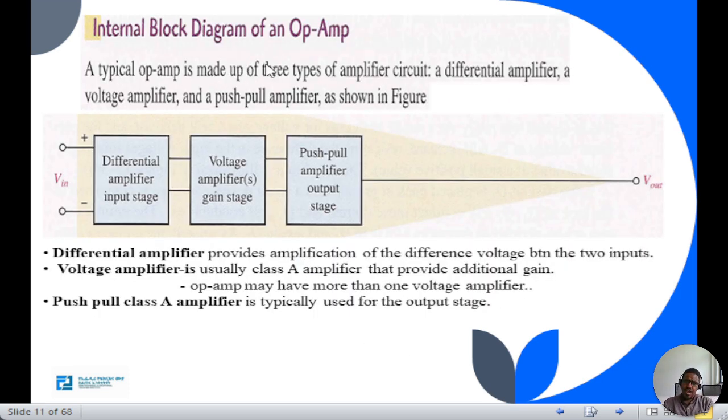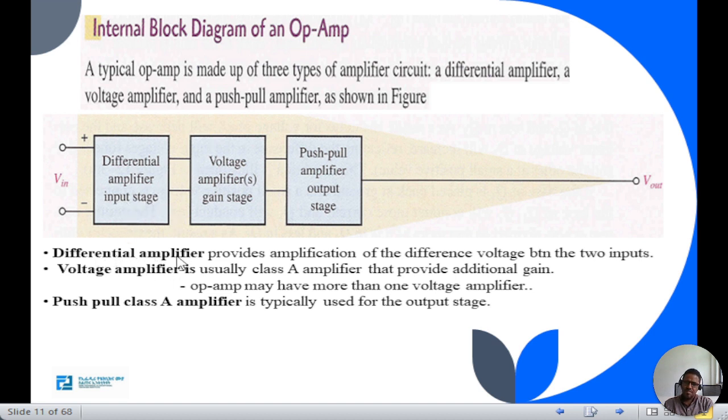So, the internal block diagram of an op-amp. A typical op-amp is made of three types of amplifier circuits: a differential amplifier, a voltage amplifier, and a push-pull amplifier, as shown in this figure. As we said, an op-amp is made up of integrated circuits with different transistors.